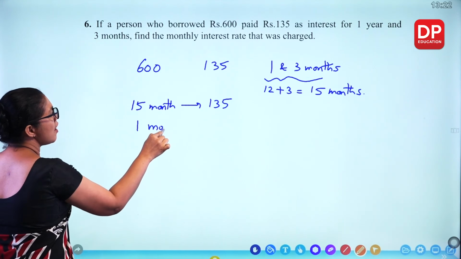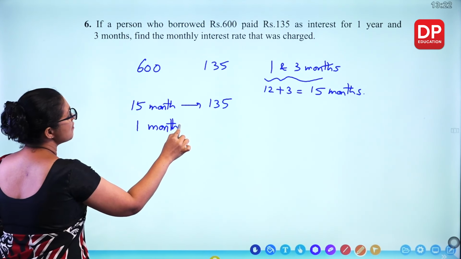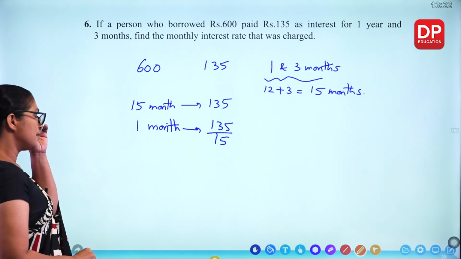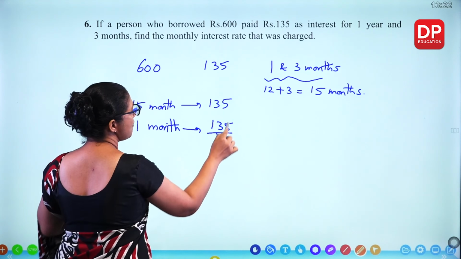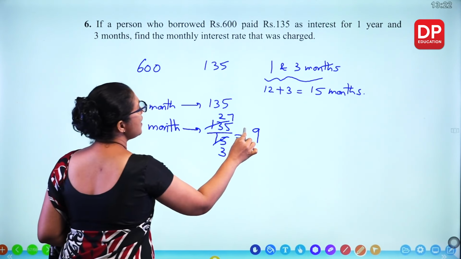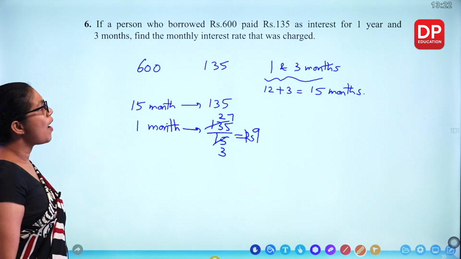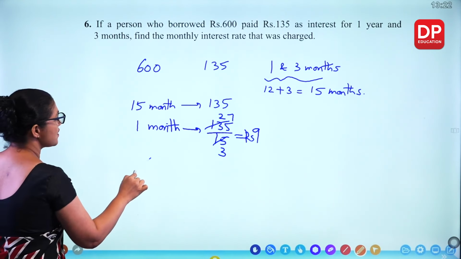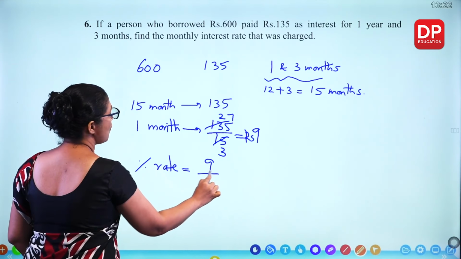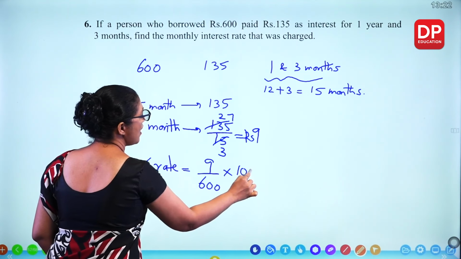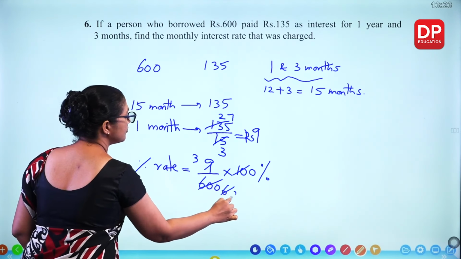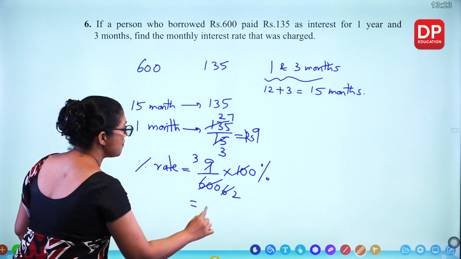For 1 month, how much paid? You are paying 135 divided by 15. 5 times 3, 5 times 2, 10, 7. You get 9. 9 rupees for 1 month. So what's the monthly interest rate? Monthly percentage interest rate is 9 for 600 multiplied by 100. You get 1.5%.